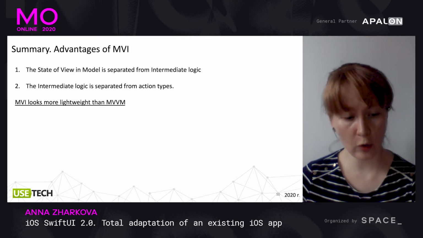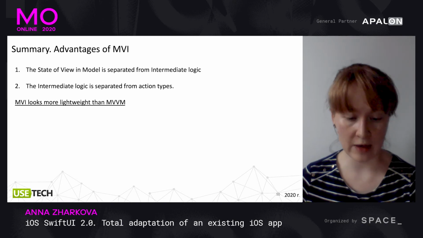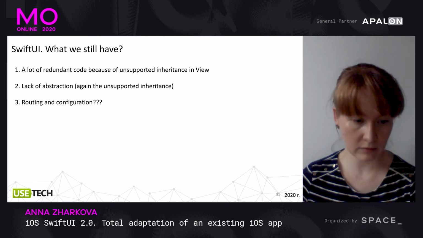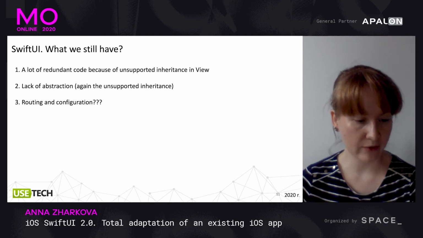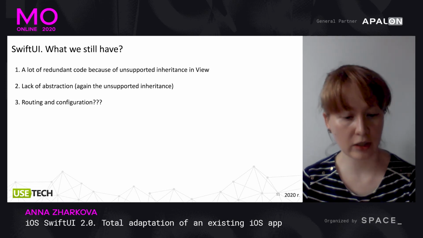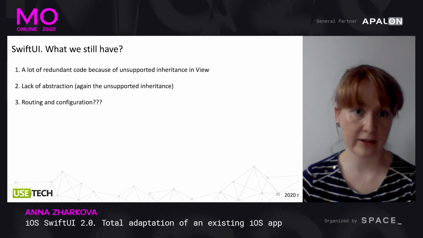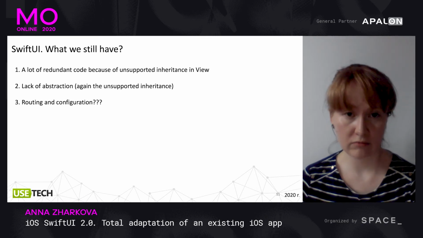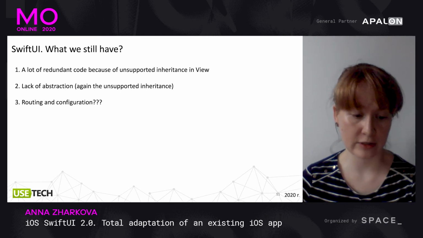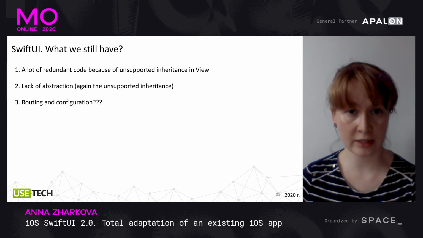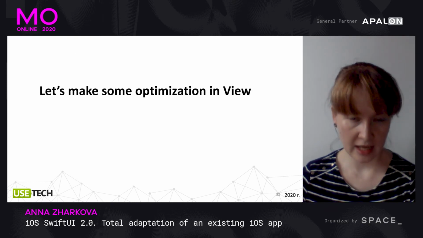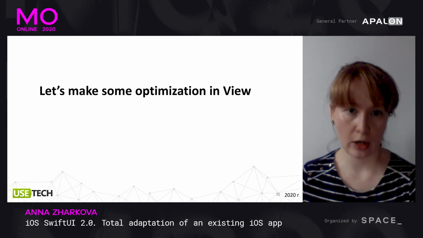So at this moment, MVI looks more lightweight than MVVM. So what do we still have? We still have a lot of redundant code because inheritance of views is not supported. We also have a lot of abstraction because of unsupported inheritance. And we still have routing and configuration problems. Let's make some optimization to our code.